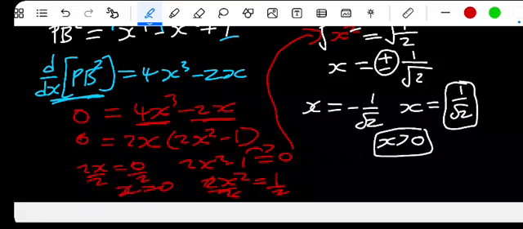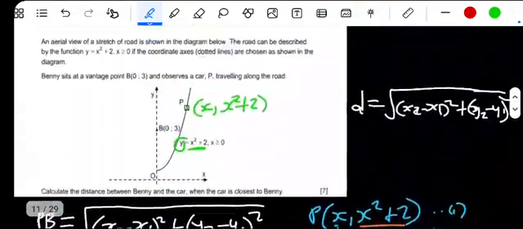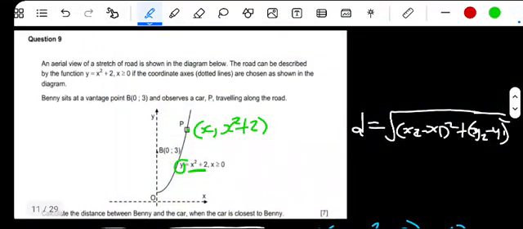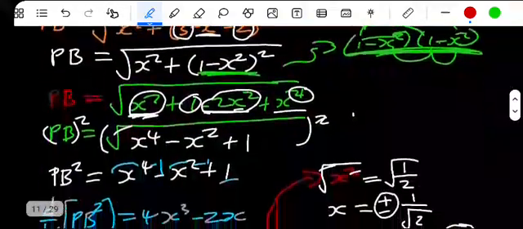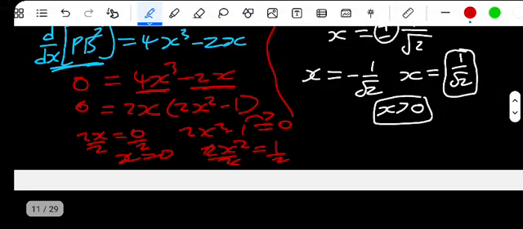So we'll use this part of greater than. Hence we don't have something negative, which is less than 0. So we'll use this value then.